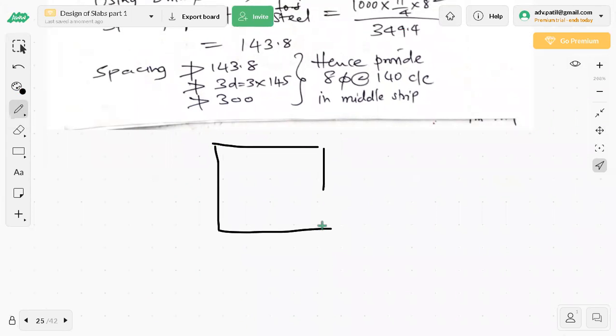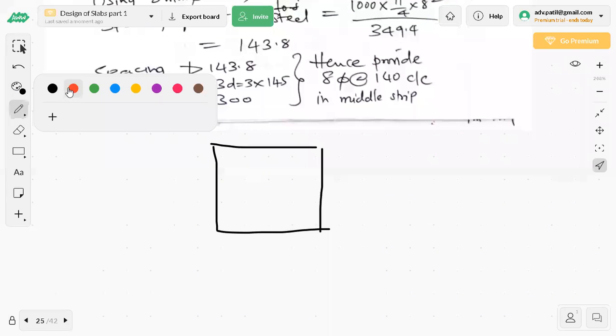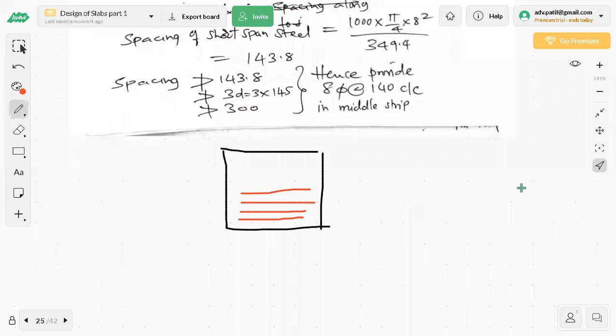Now when I say spacing of short span steel, I mean these bars. These are 8 mm. I need to find the spacing now.